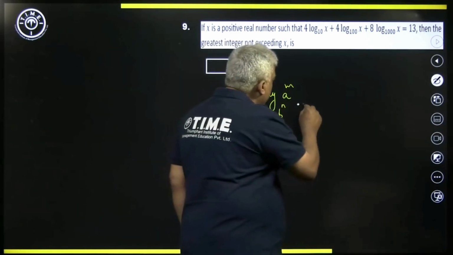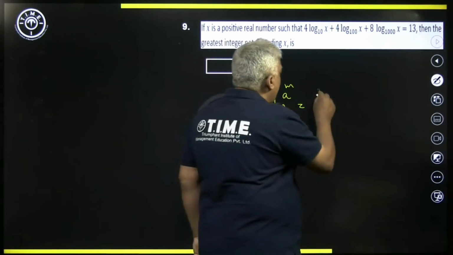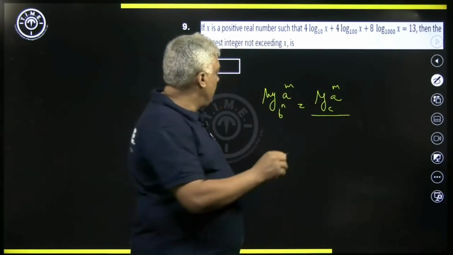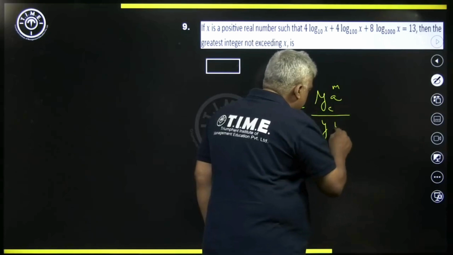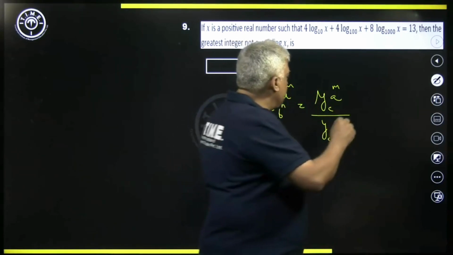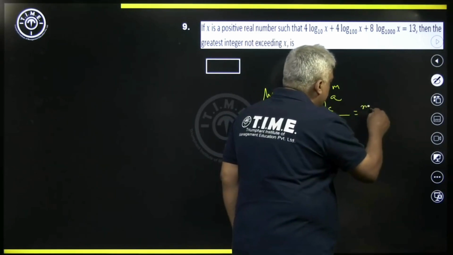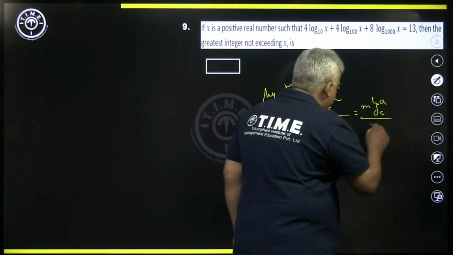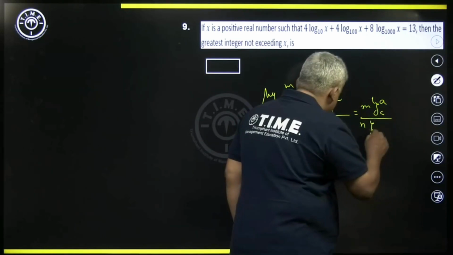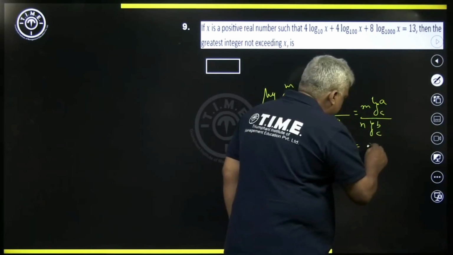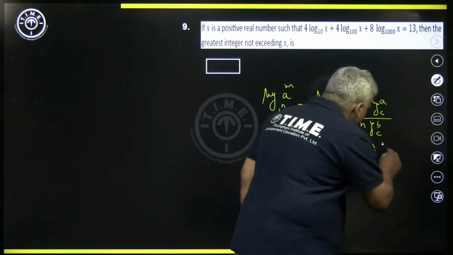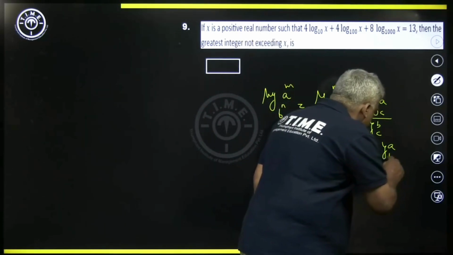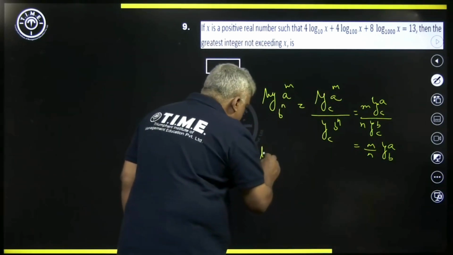We can write it as log of a to the power m to the base any base c, divided by log of b to the power n to the base c, and we can take m here, m times log of a to the base c, divided by it, n will come here, n log of b to the base c, and we can write it as m by n log of a to the base c by log of b to the base c, it will be log of a to the base b again.